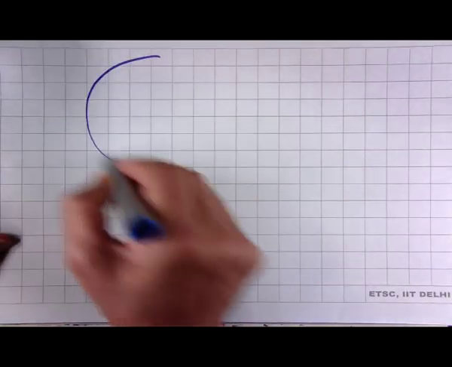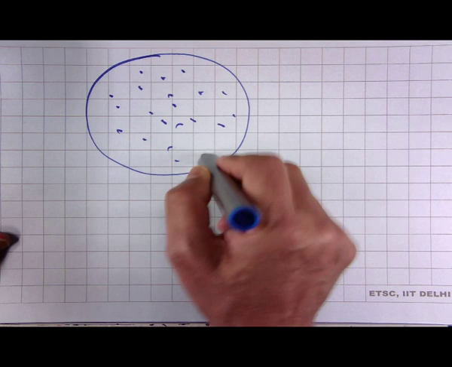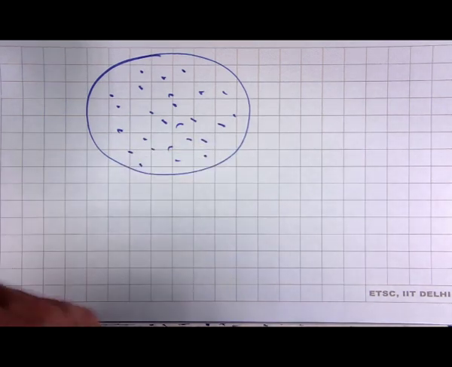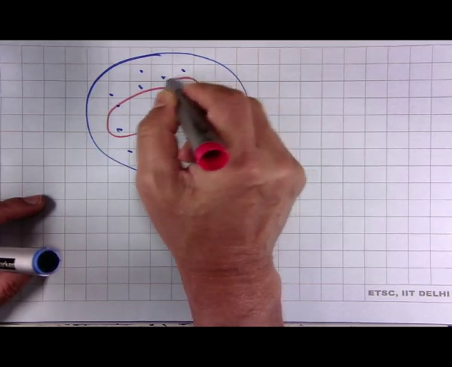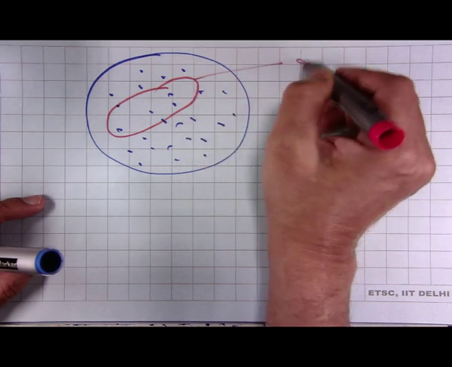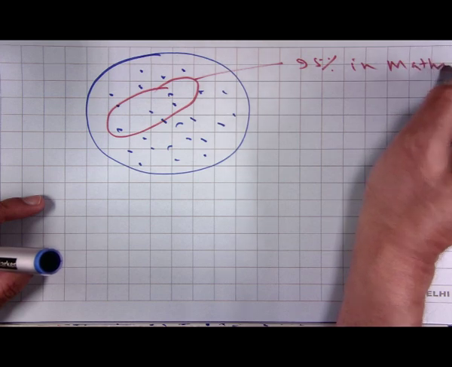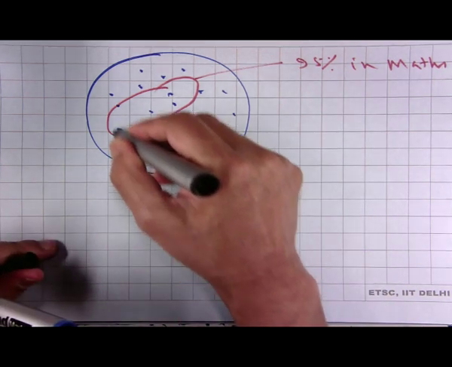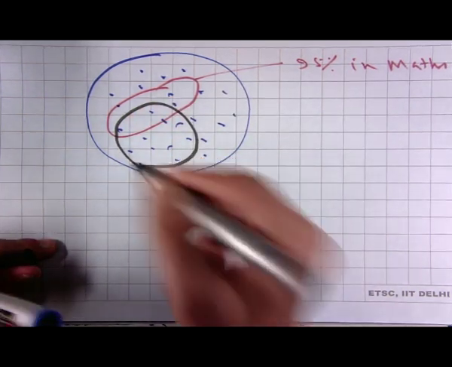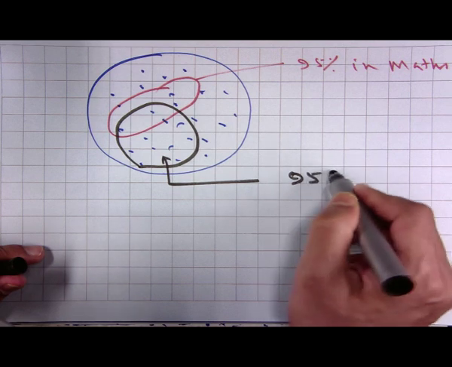So, if this is the set of all the students, consider these students who have got 95% in maths, and let these be the students who got 95% in physics.